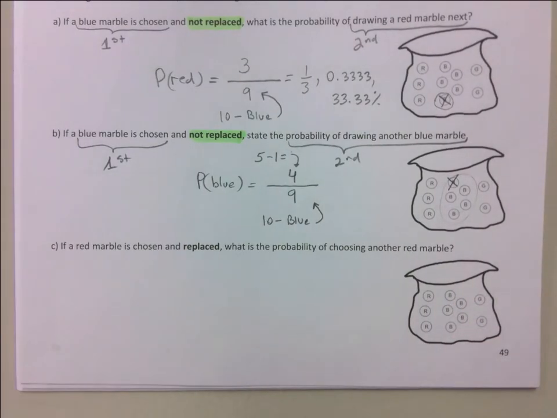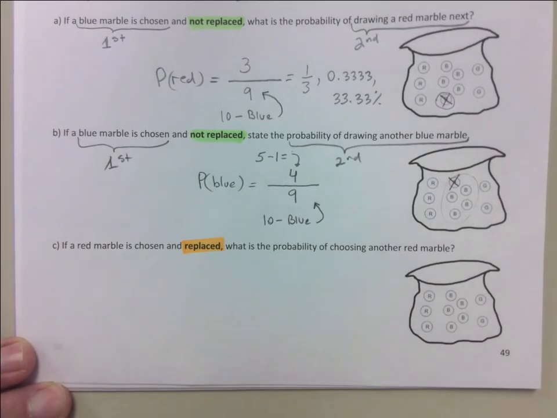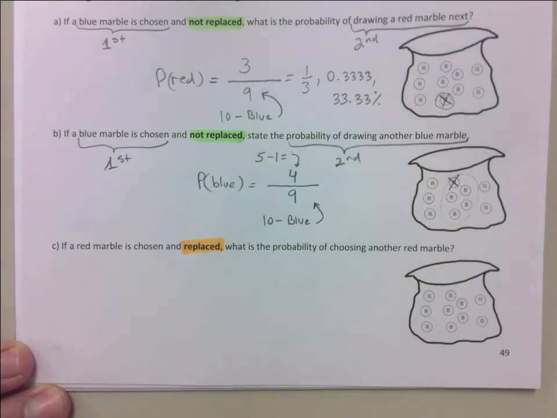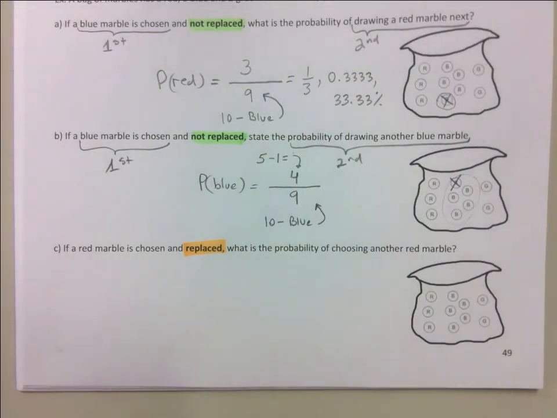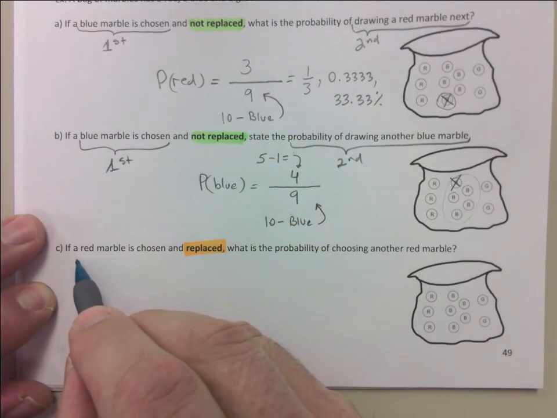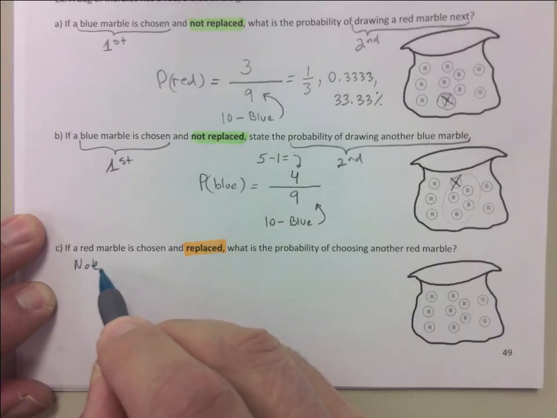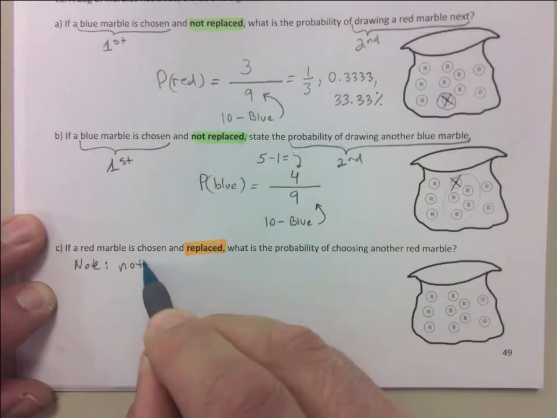Next one. If a red marble is chosen and replaced, what kind of probability are we talking here if it's being replaced? I'm going back to the other color, to independent. What's the probability of choosing another red marble? Note, nothing changes.